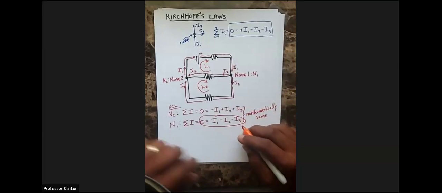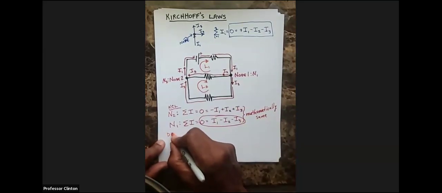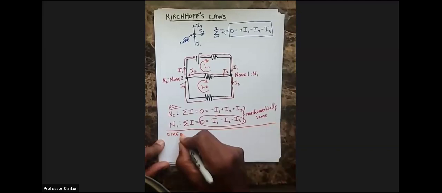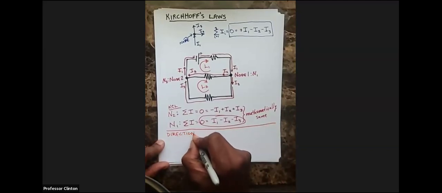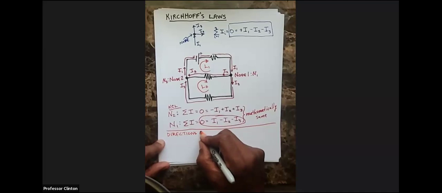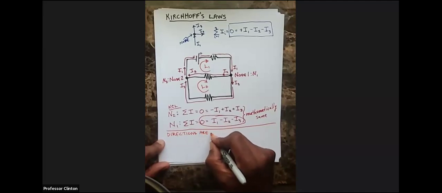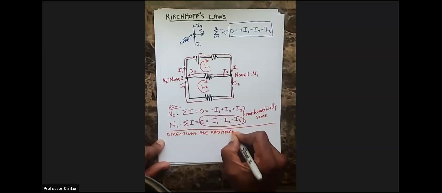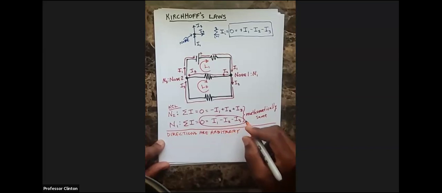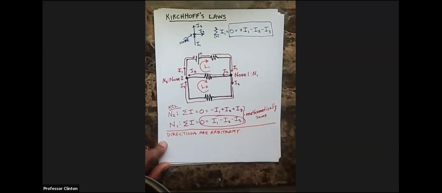The directions that we choose for L1 and L2 are arbitrary, meaning it's completely a guess.